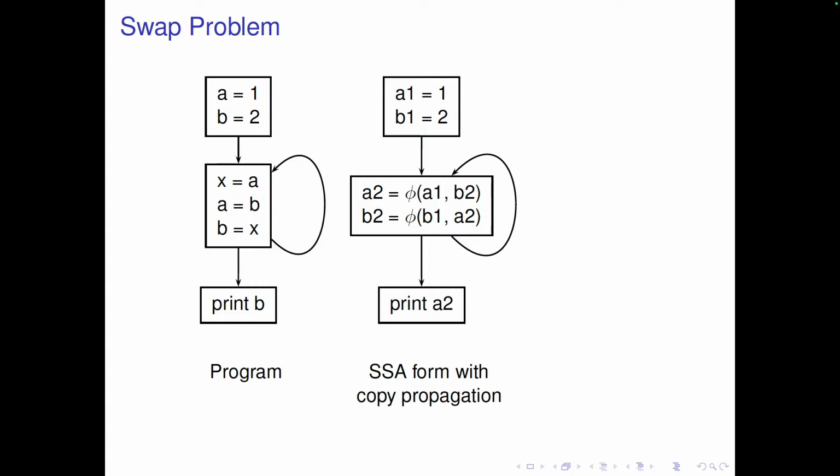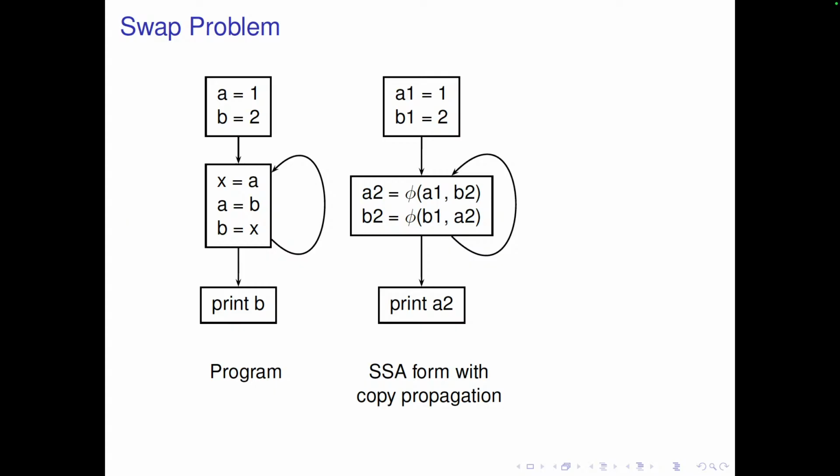What is the problem? First time A2 will be A1, so A2 will be 1, B2 will be 2, and I will be printing 1. What happens the second time? A2 will become 2 and B2 will become 1.